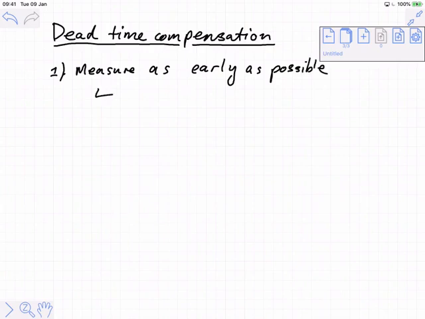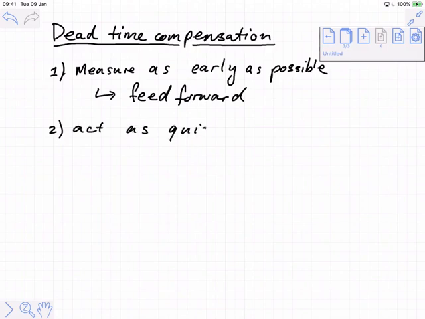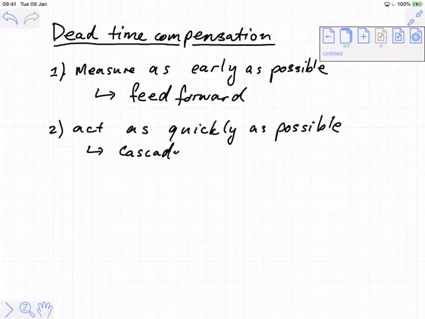Right, and this was basically feed forward. Act as quickly as possible. And this led us to this technique of cascade.